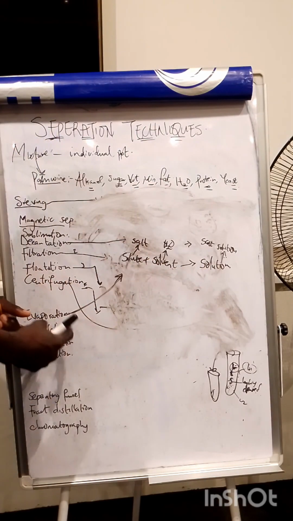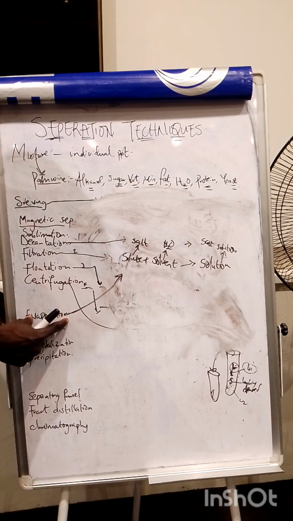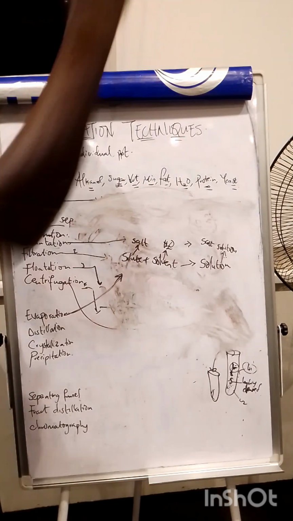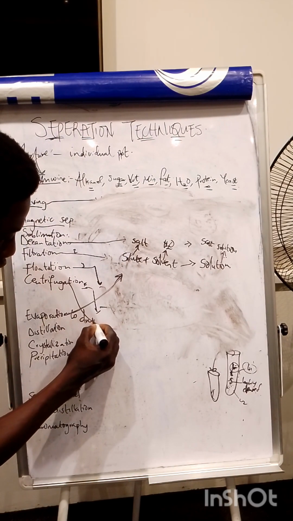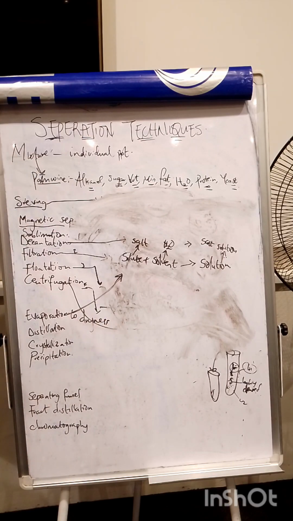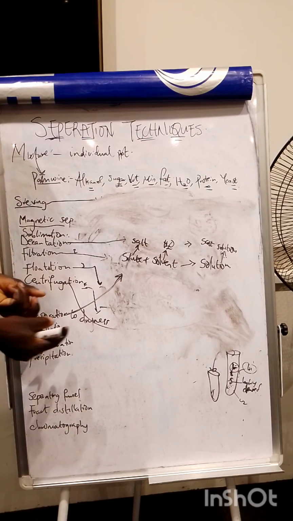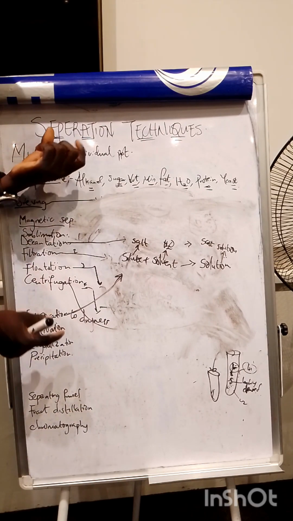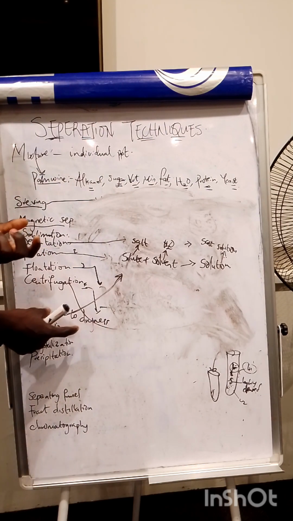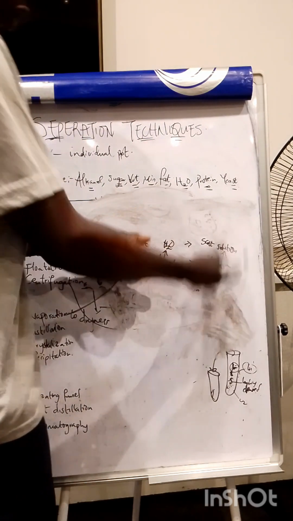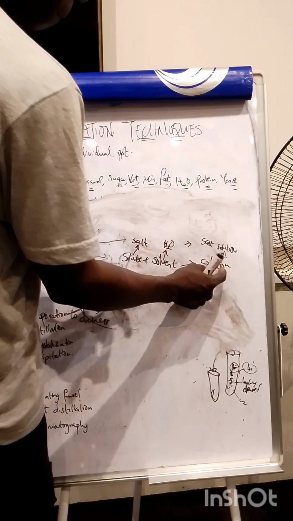So you evaporate that solution to what? To dryness. Evaporation to dryness is a separating method of recovering your solute from a solution.